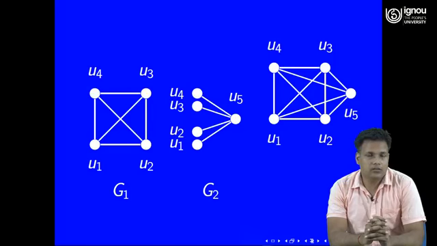So G1 ∪ G2 consists of 5 vertices, namely u1, u2, u3, u4 and u5. And now you can see that in G1 ∪ G2, u5 is adjacent to all the 4 vertices u1 to u4, because in G2 it is adjacent to all the 4 vertices of G1.